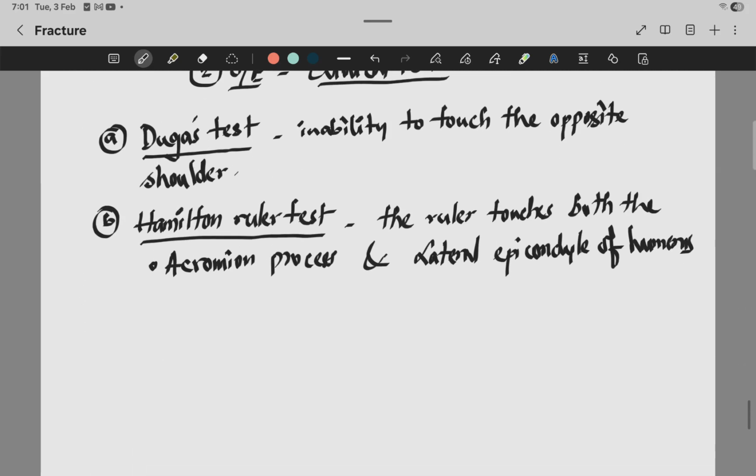Next, we will go to the treatment. In case of treatment, in acute dislocation of the shoulder, at first reduction is done.